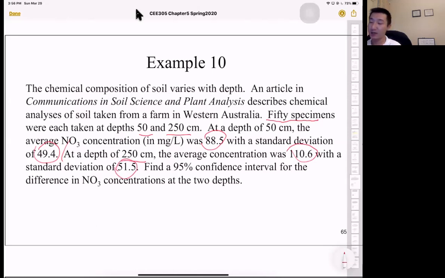It asks for a 95% confidence interval for the difference of NO3 concentration. First of all, we need to find out which set of equations to use. This is the confidence interval for the difference between two means.